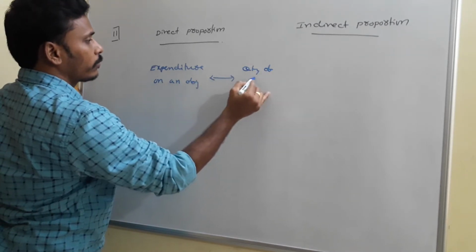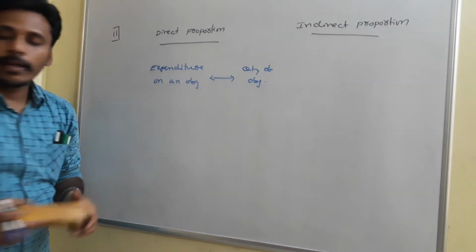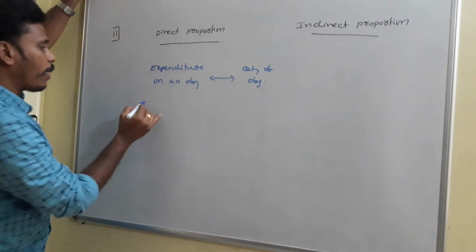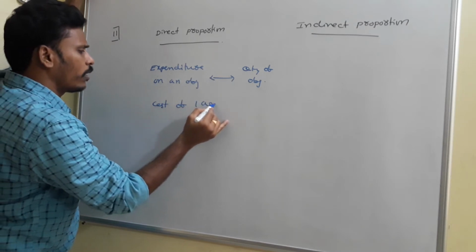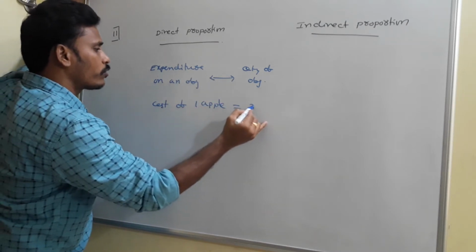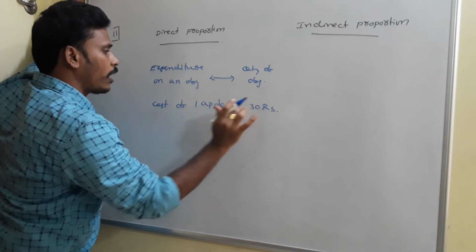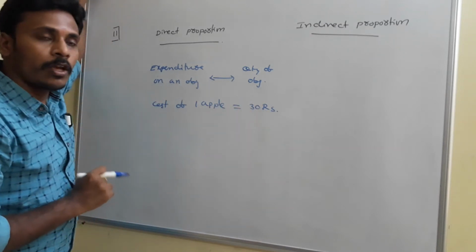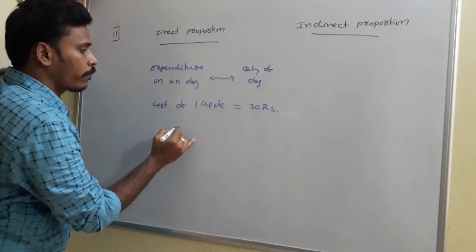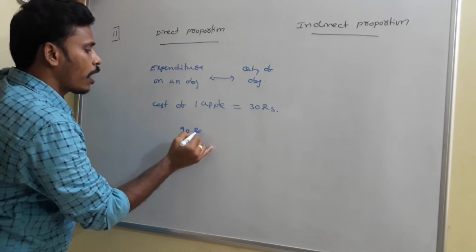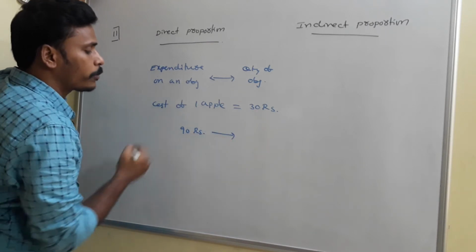Is it right? Yes. See, if the cost of one apple is 5 rupees, you may say 10 rupees more. Say the cost of one apple is 30 rupees. If I am spending 90 rupees, how many apples will I get?